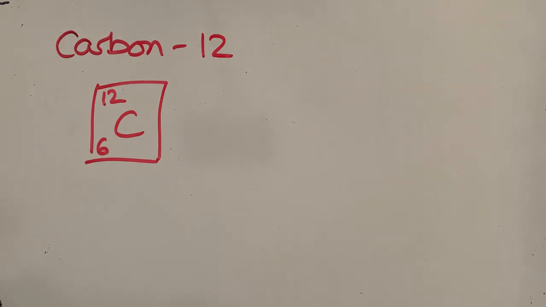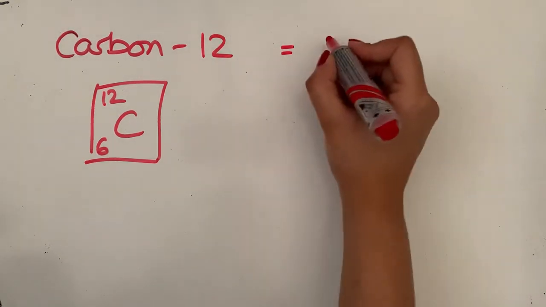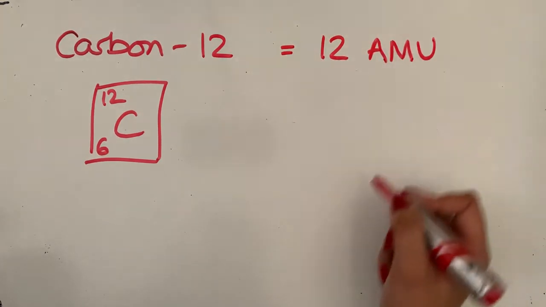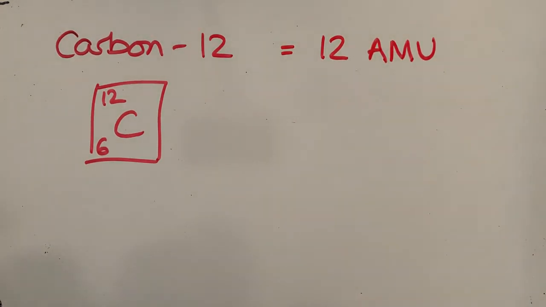The way that we do that is that we say that carbon-12, which obviously has a mass number of 12, is equivalent to 12 atomic mass units, which I'm going to shorten to AMU. So it's atomic mass units. We say one atom of carbon-12 has 12 atomic mass units.